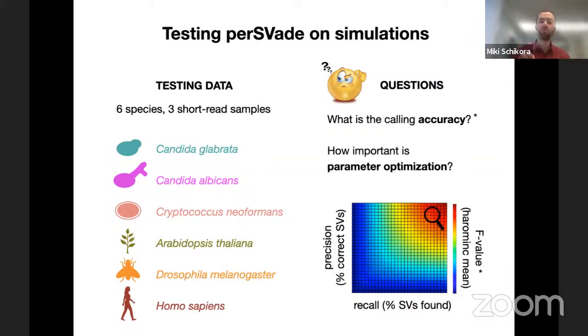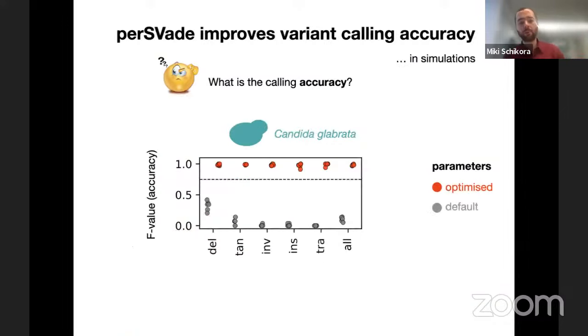PerSVade is actually trying to maximize this F value to get a balance between the two and find the most accurate parameters. I'm going to show these results. For example, this is regarding the first question, what is the calling accuracy? These are the results that we have for Candida glabrata.